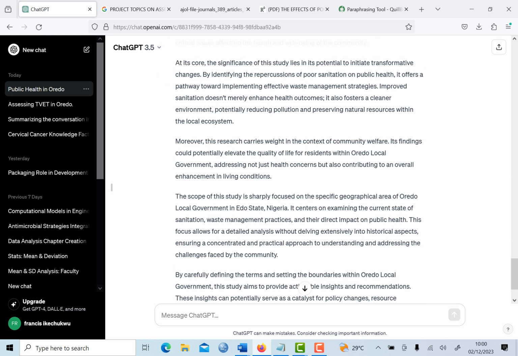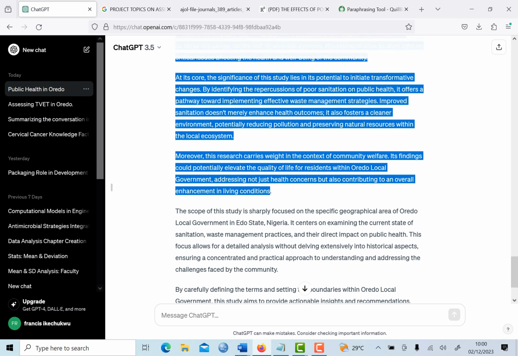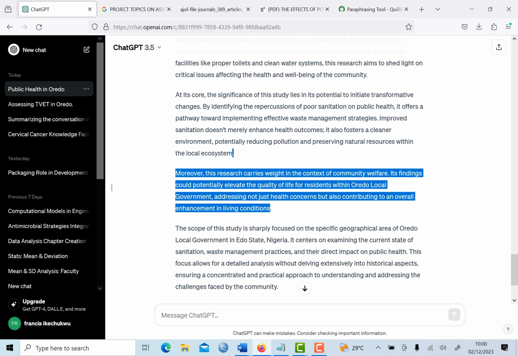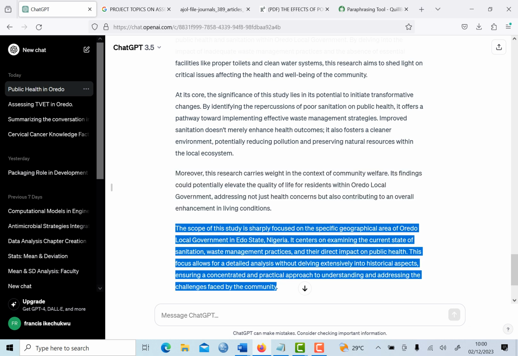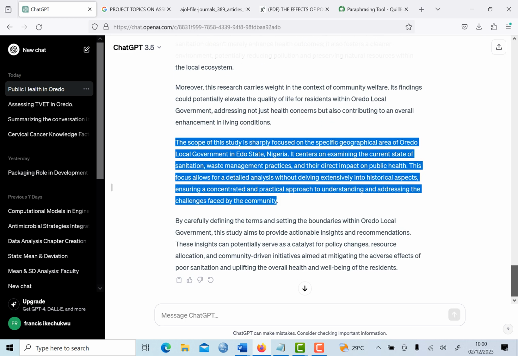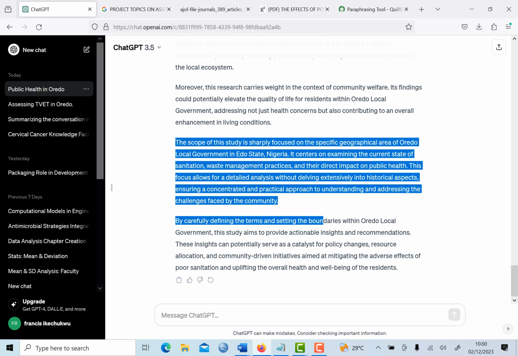So this is the scope. Like I said, you can decide to paraphrase it.